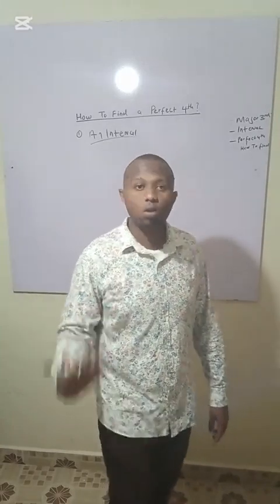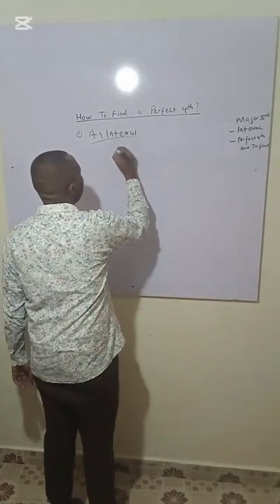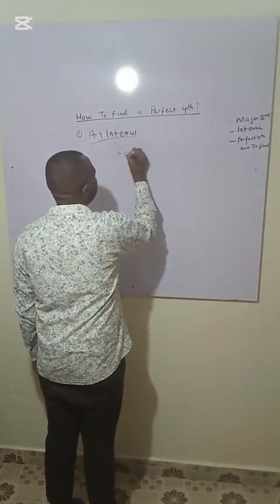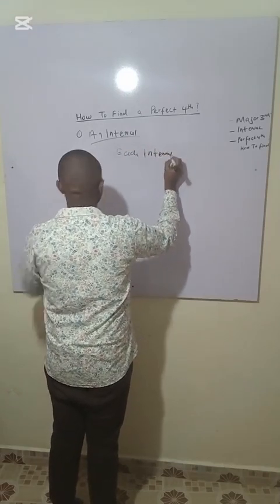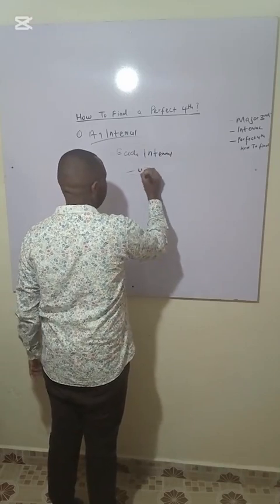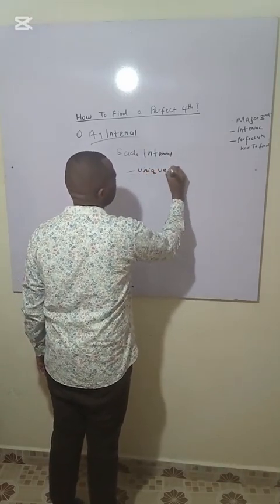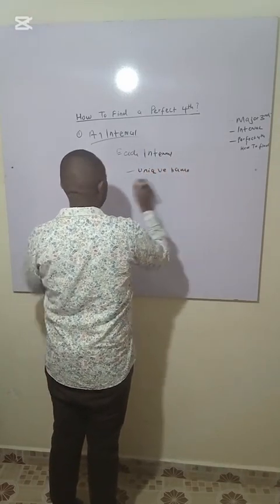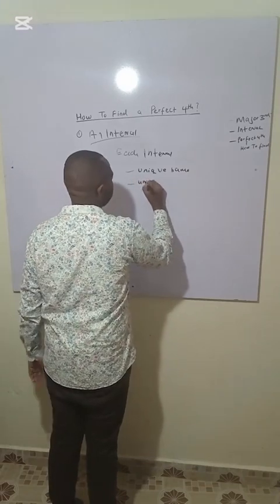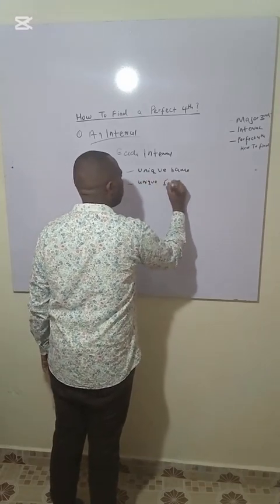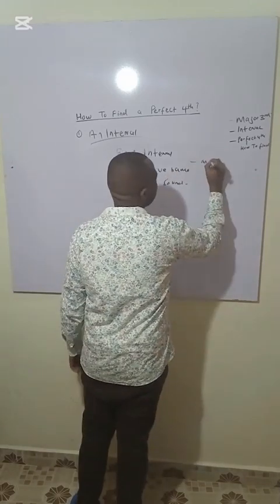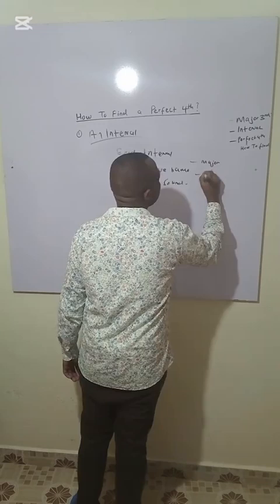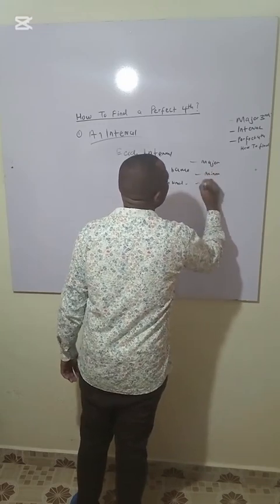Just to add to your knowledge, it's very important to understand that each interval has a unique name and a unique sound. And intervals can either be major, minor, or perfect.